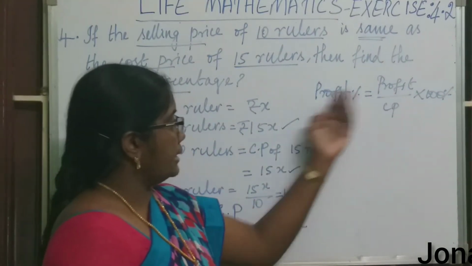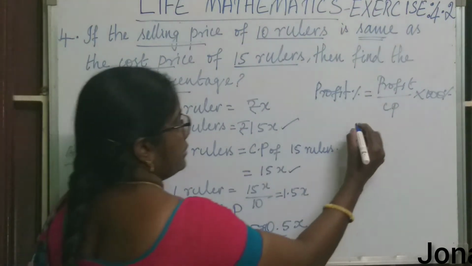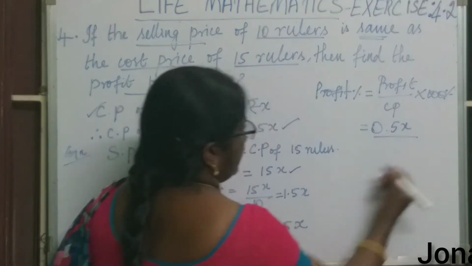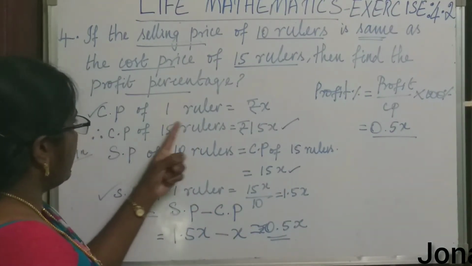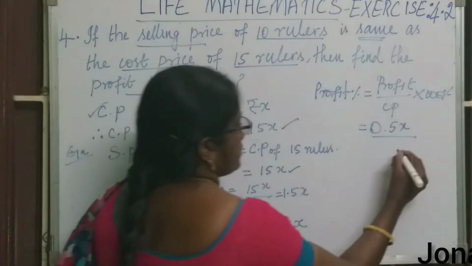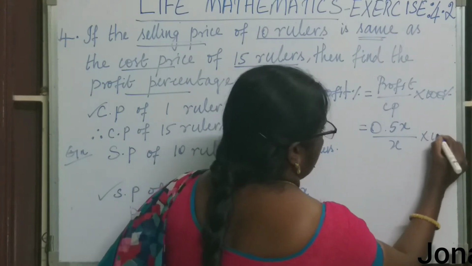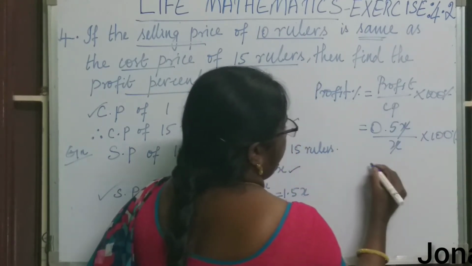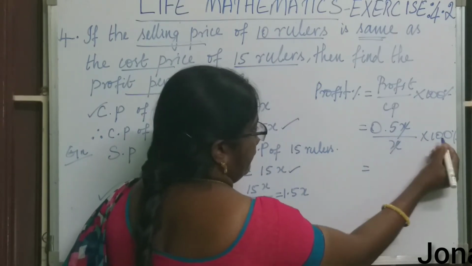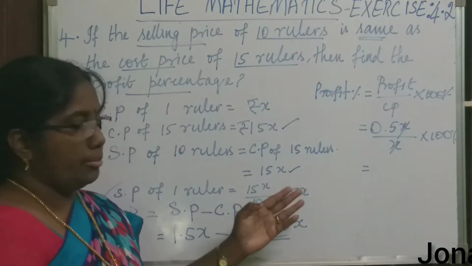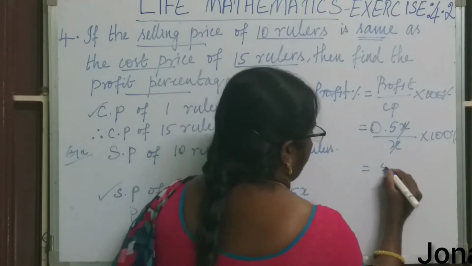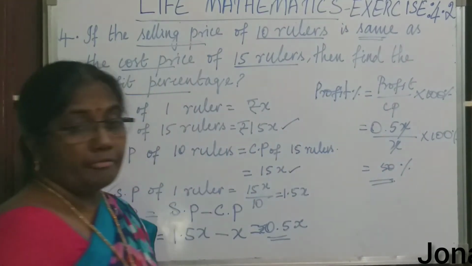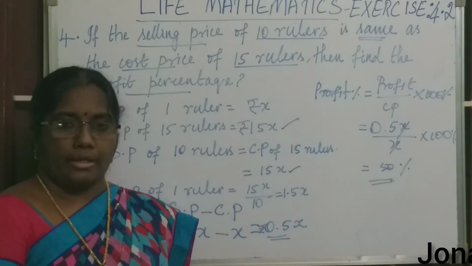The profit is 0.5x, divided by the CP of 1 ruler, which is x, into 100. I can cancel x here, so 0.5 into 100 is 50. So 50% is the profit percentage here. Okay.